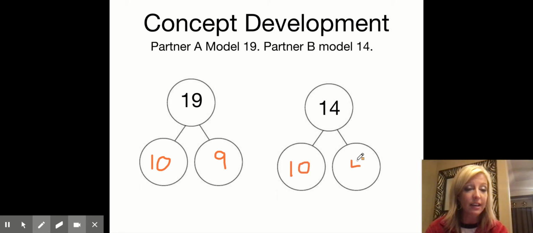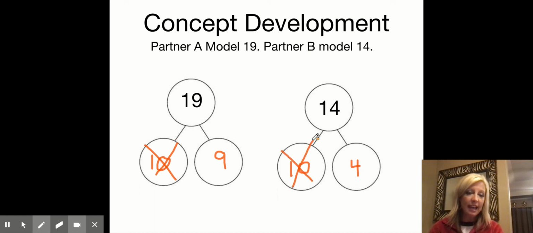4. Very good. So to compare these, just like we did the say 10 way, you would say 19, 10, 9. You would say 14, 10, 4. What's the same? Very good. These 10s are the same. So our 10 ones are the same. What about our other ones?